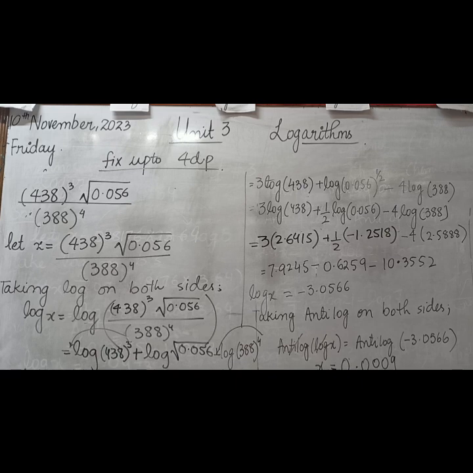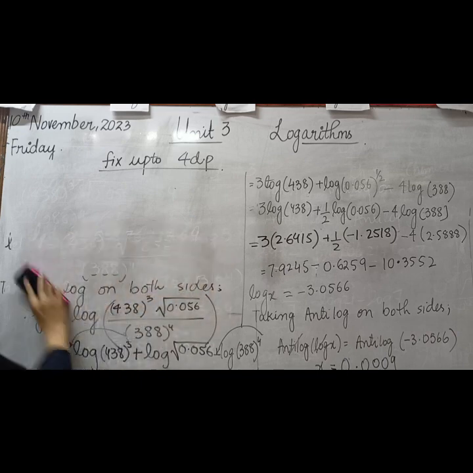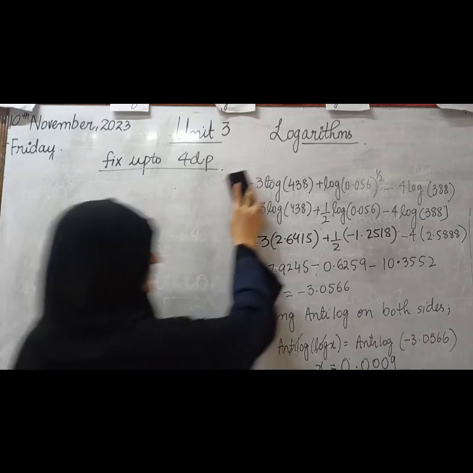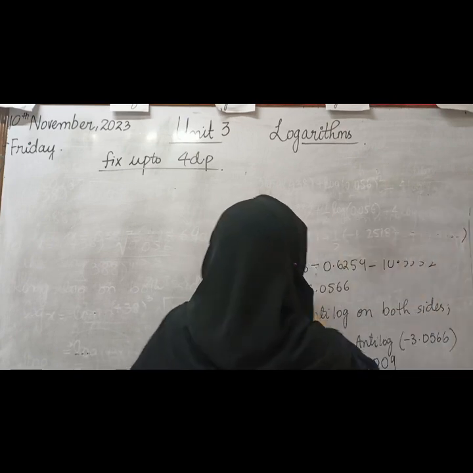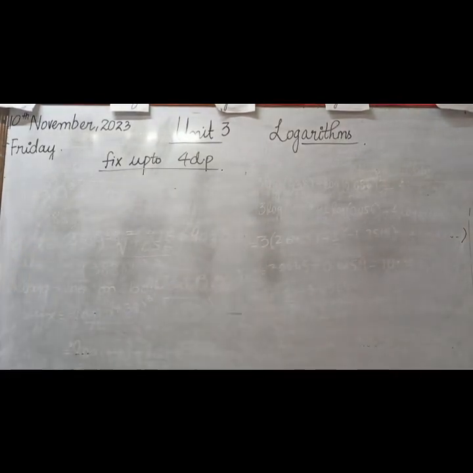Next, see another example. If I have, let me raise the board. If you have two terms in the denominator, then what will you do? Who will tell me? I am writing an example.